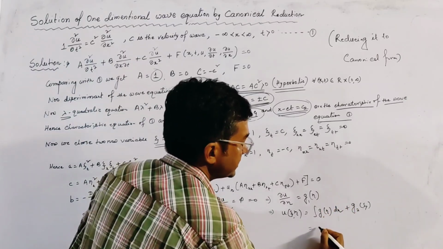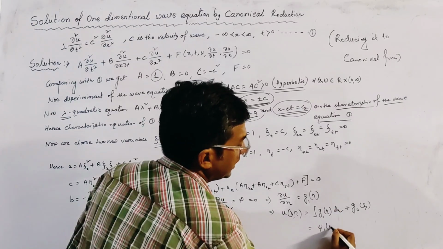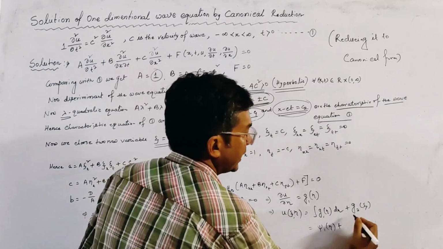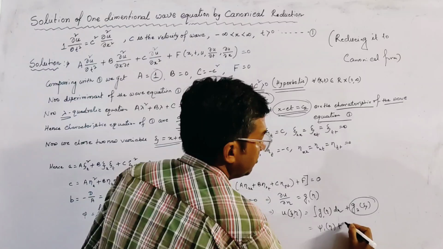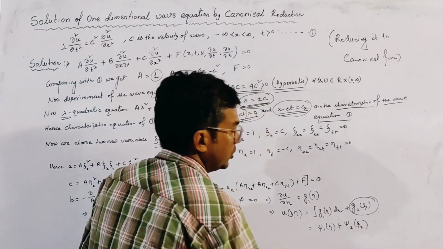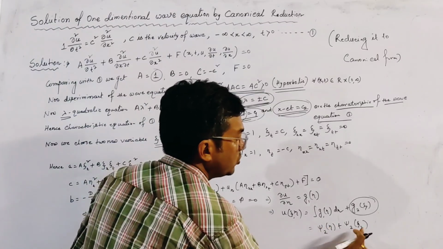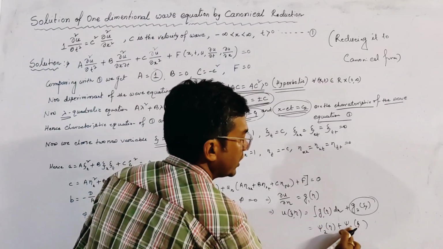Now we take this as another function psi1(eta), and this is named as another function psi2(xi). We are changing the name, let this be psi2 and this be psi1.